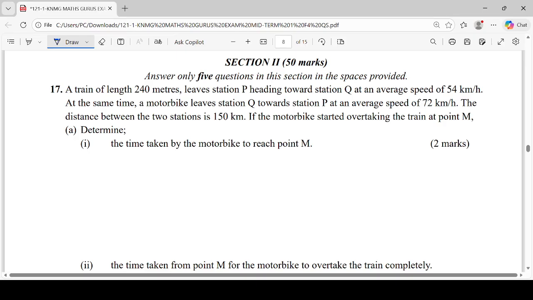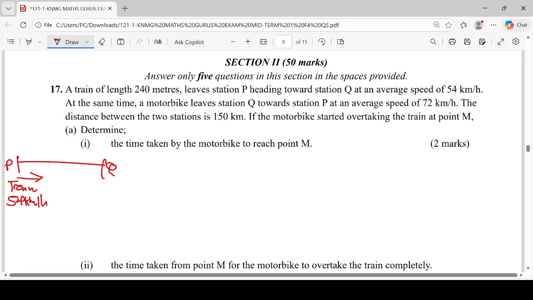Let's illustrate them diagrammatically so that we understand this concept better. I've got station P and station Q, as per the question paper. We are told that a train of length 240 meters leaves station P towards Q. So P to Q, here we have a train. The speed of this train is 54 kilometers per hour.